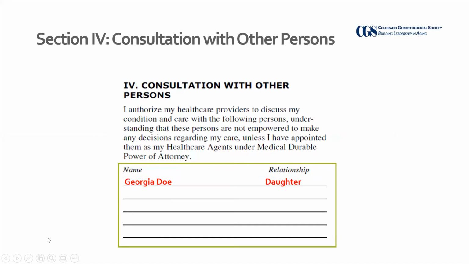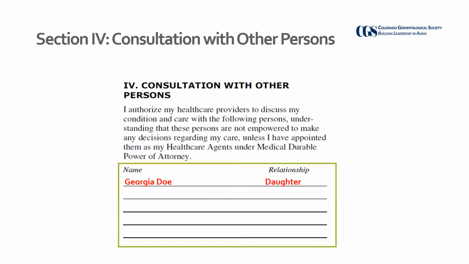So section 4, consultations, consultation with other persons. So this is where you authorize healthcare providers to be able to talk about your condition and care with the individuals that you list, but they are not able to make any decisions as far as your medical care.